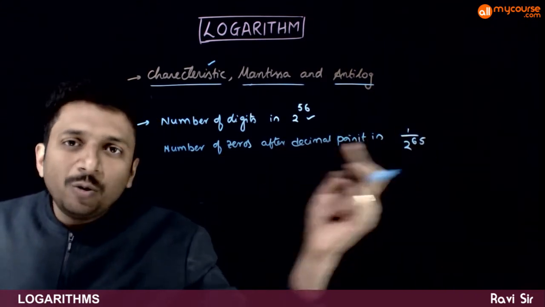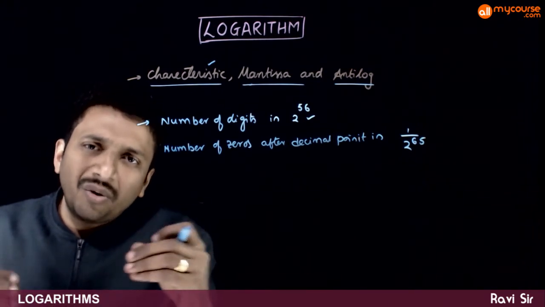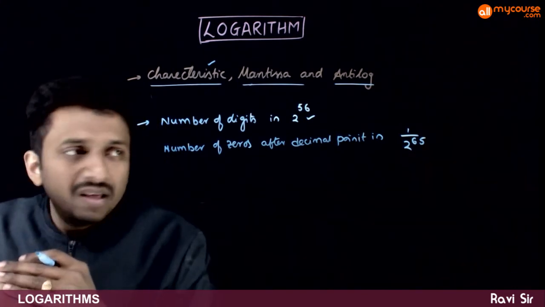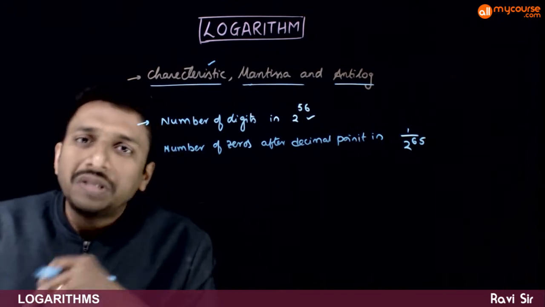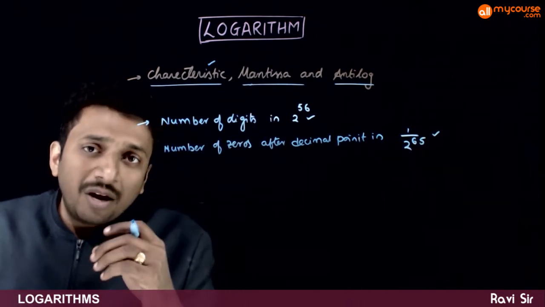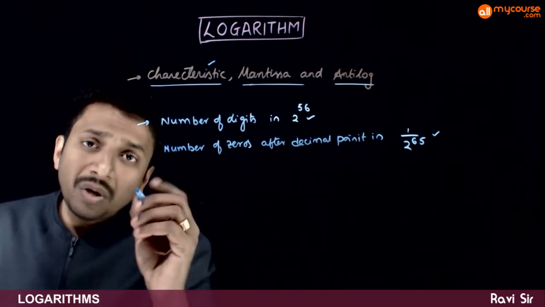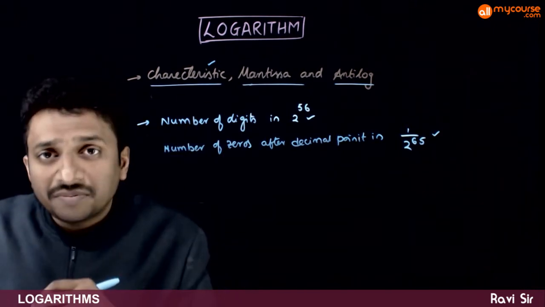If you take 1 by 2 power 65, it's a very, very small number, 0.00000 with a lot of zeros, and then finally you have some number. If I ask you how many zeros are there just after the decimal point before the non-zero number starts. So these are two types of problems where the characteristic becomes important. Let us try to analyze how characteristic becomes important in these types of problems.